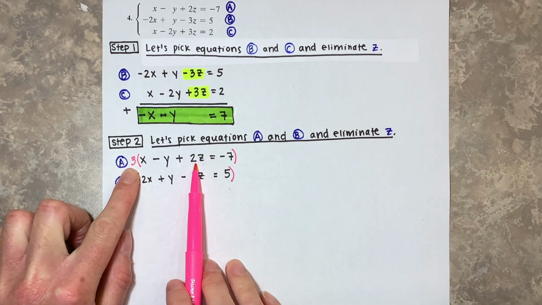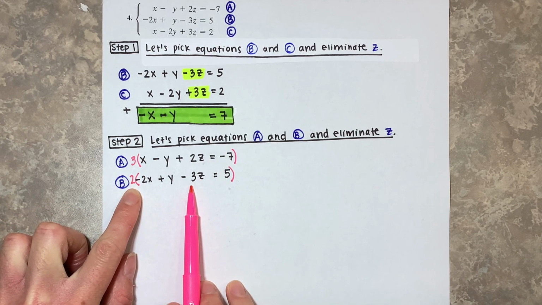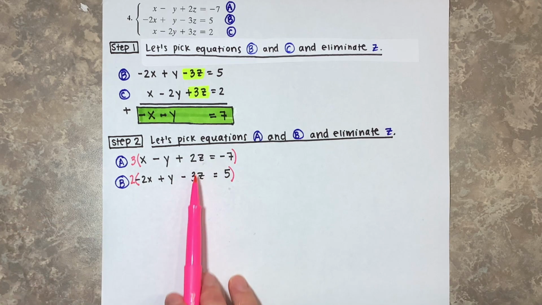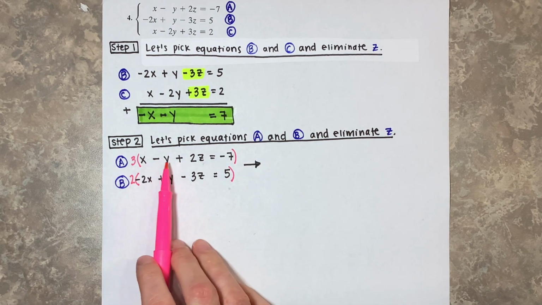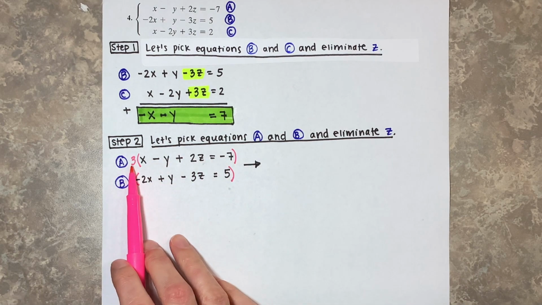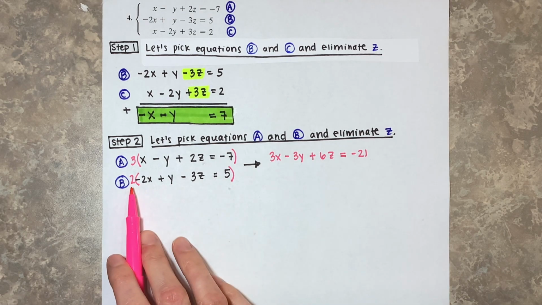3 times 2z will give us 6z, and 2 times -3z will give us -6z. So this will make it so that the z's have matching but opposite coefficients. I'm going to go ahead and multiply each term in this top equation by 3, and then I'm going to multiply each term in this bottom equation by 2.